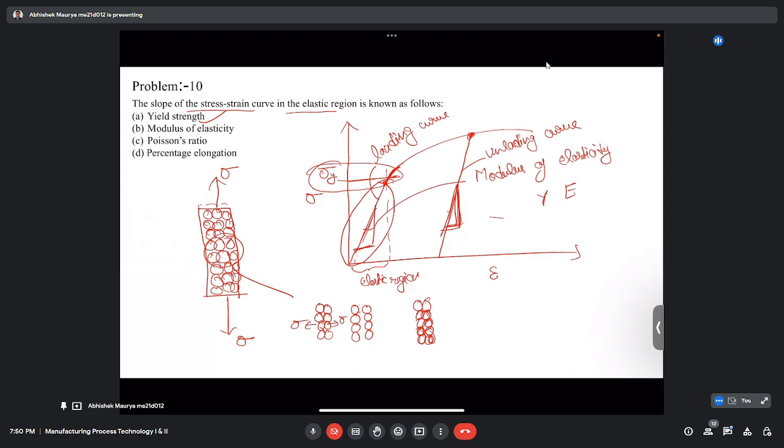There we may draw a line parallel, having the slope of Young's modulus, and it is offset. Wait, I will make another diagram.